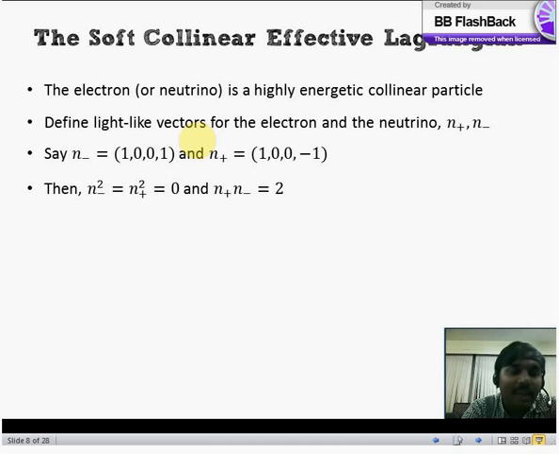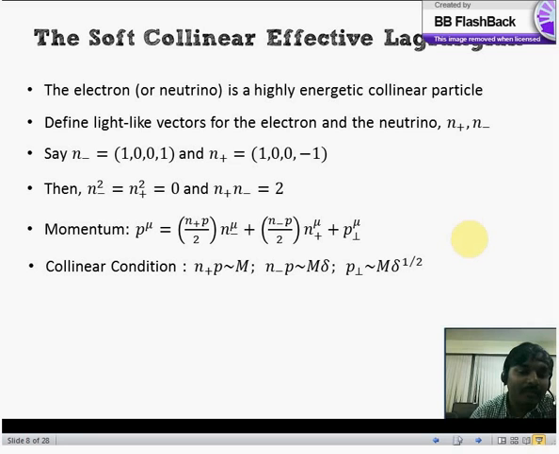Say we have n plus as (1, 0, 0, -1), and n minus is (1, 0, 0, 1). Both are obviously light-like vectors. Then obviously n minus squared or n plus squared is 0, whereas n plus dot n minus is 2. This is just a property of light-like vectors.